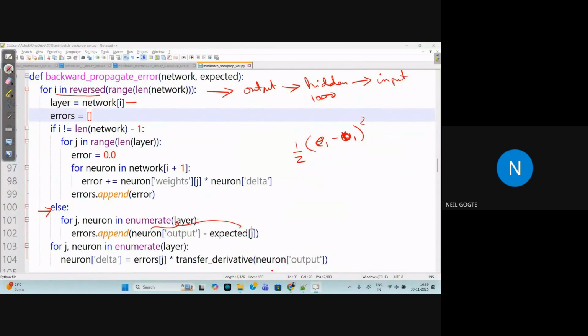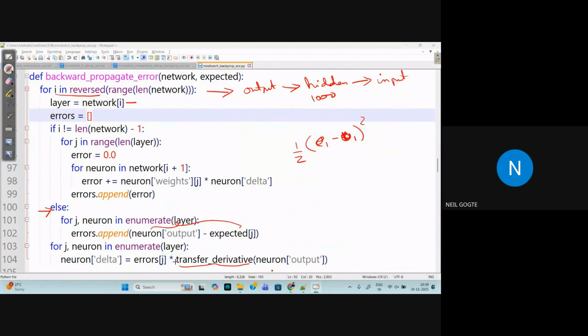But that is not enough, because this O1 has come. If you have to take it back, we have to take it back through the derivative, because you remember the dou L by dou W, even for the outer layer, you will have to take the transfer derivative. That is, we'll have to take the derivative of the activation function and multiply it with the error to carry this error backward, because of the equations that we had worked out in so many sessions earlier.